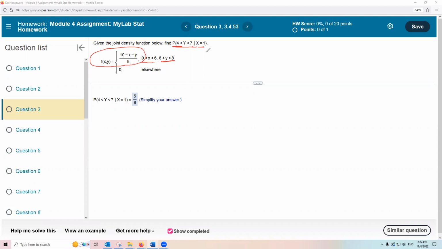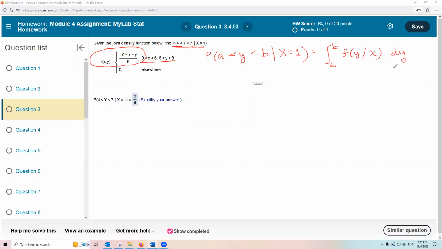Let's start with the basic formula that says when you want to know the probability that, let's say, y varies between a and b on the condition that x equals a specific number, here x equals 1 in our example, we're going to want to integrate from a to b this density function f of y given x dy.